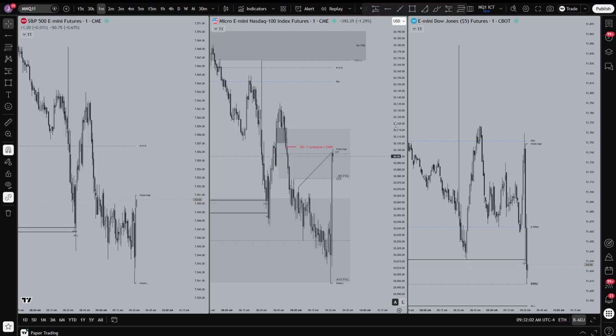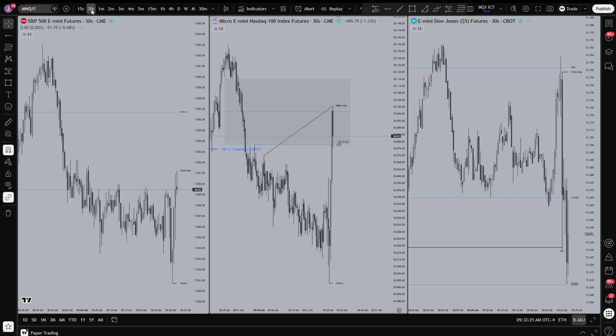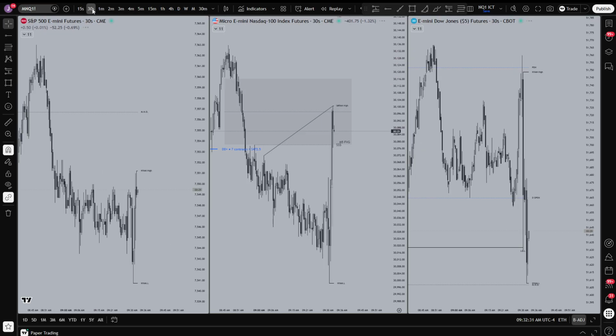For 705 tapped. Dude, I was looking at the 15 second and 30 second. There was no fair value gap to even flip there to go higher.